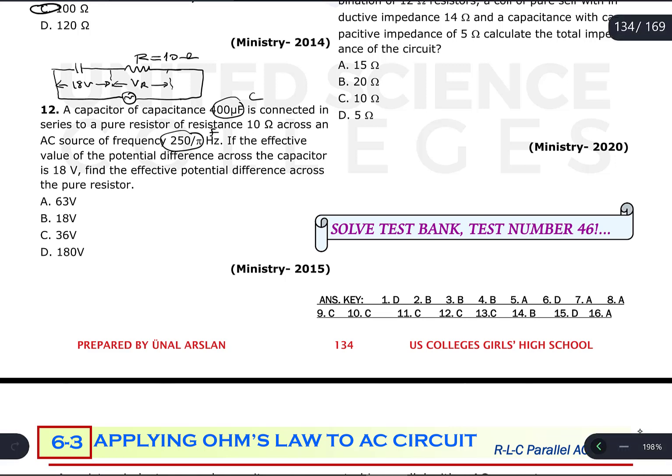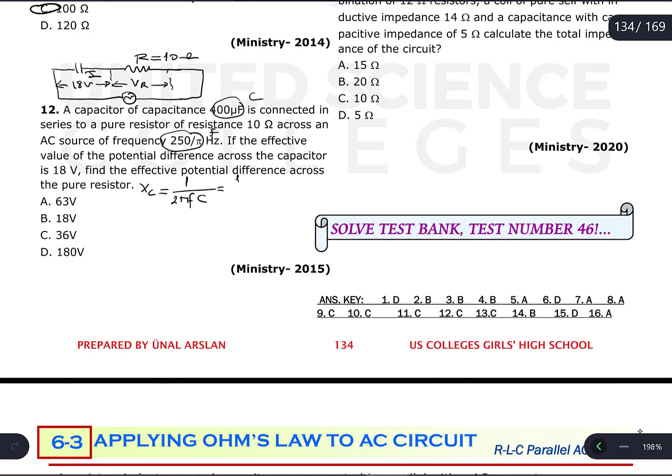VR is the question. Because they are in series, if we calculate the electric current across the capacitor and resistor, they have the same electric current. So we can calculate VR. So we will use capacitor information to get electric current. How much is the electric current? So first I have to calculate XC. XC is equal to 1 over 2 pi FC.